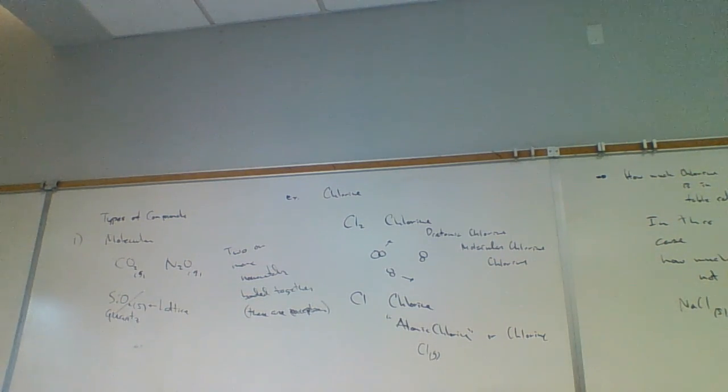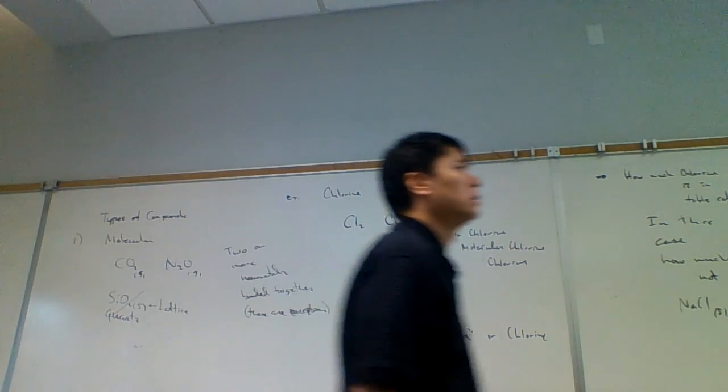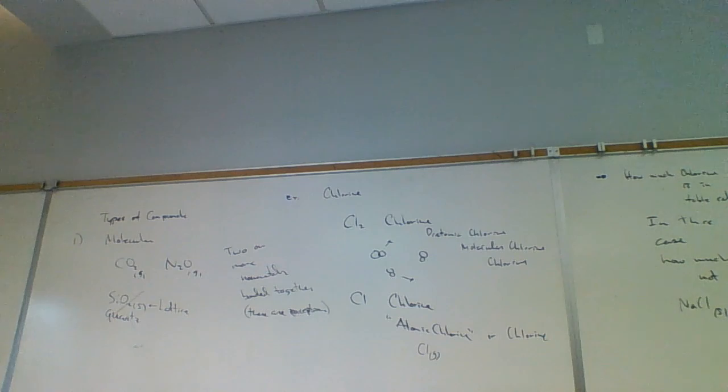As. So if we have a compound made of arsenic and oxygen, do you think that would be a lattice type structure or molecular type structure? Probably a lattice, but there are exceptions, so you just say probably a lattice. But it might not be. So there's a little bit of uncertainty.